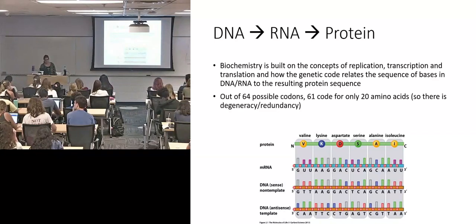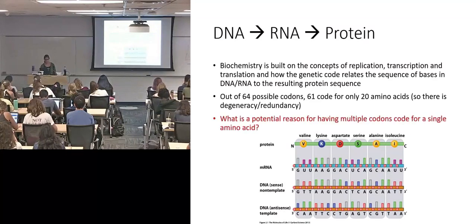Out of 64 possible codons, 61 code for our 20 amino acids. So there's some degeneracy and redundancy built in. What is a potential reason for having multiple codons for a single amino acid? Yes? That way, if there's a mistake, for lack of a better word, you can still make a workable protein. It's a great answer, perfect answer.